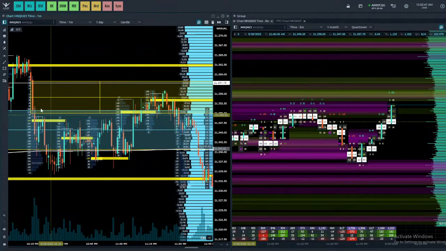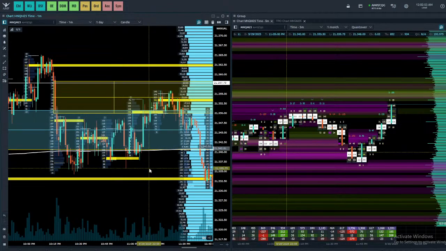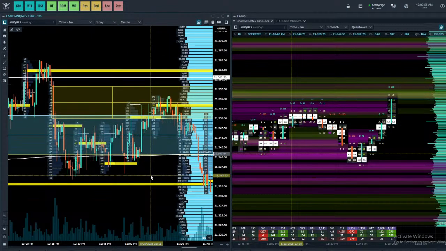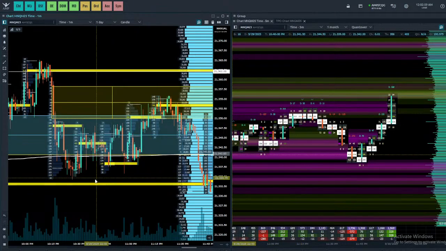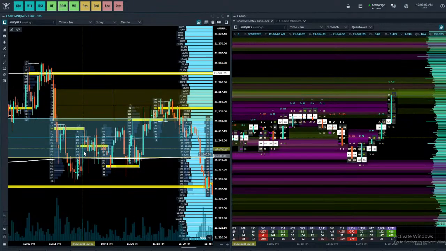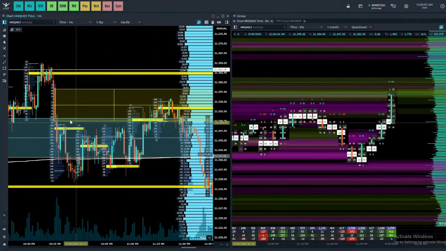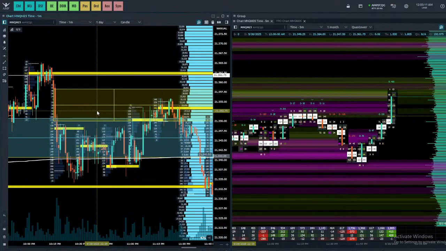And it retraced. Oh my God. This is the retracement. So if I look at the big picture, this is the retracement of the overall 50% of my fair value gap.